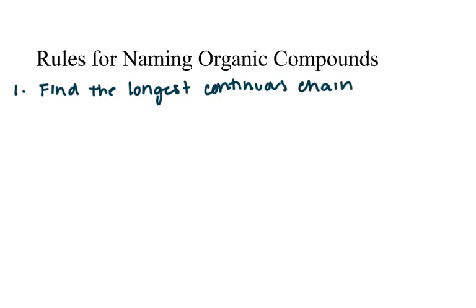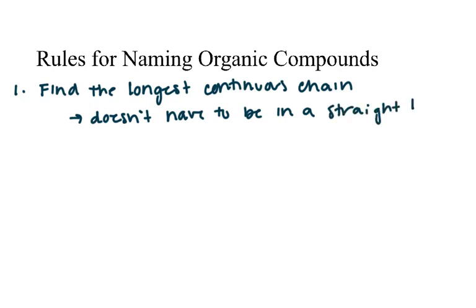And it doesn't have to be in a straight line. And we're going to name that chain, whether it's an alkane, an alkene, or an alkyne. That's our first step.